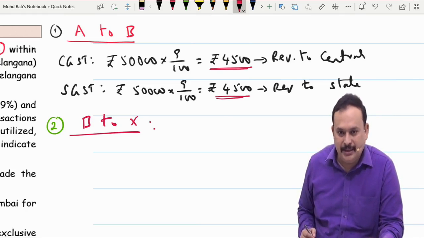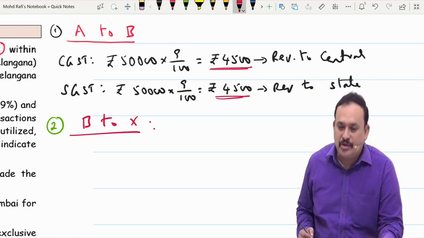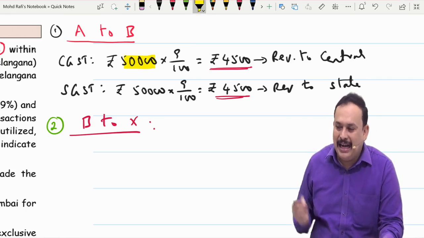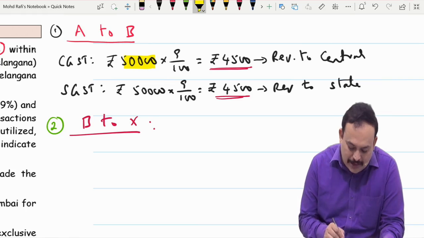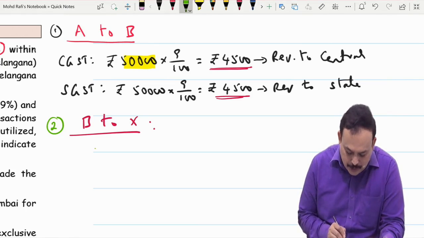Therefore, he considers the cost only rupees 50,000, on which profit 10%. So he sells at what price now? At rupees 55,000 he sells.